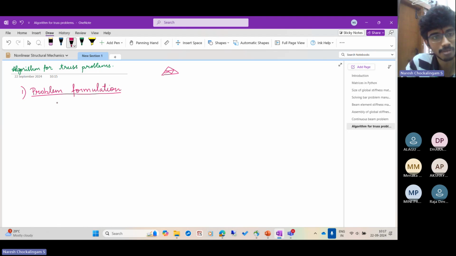So what all information we have to give in problem formulation? Nodes. So in this case, what will be the nodes? I'll tell you.